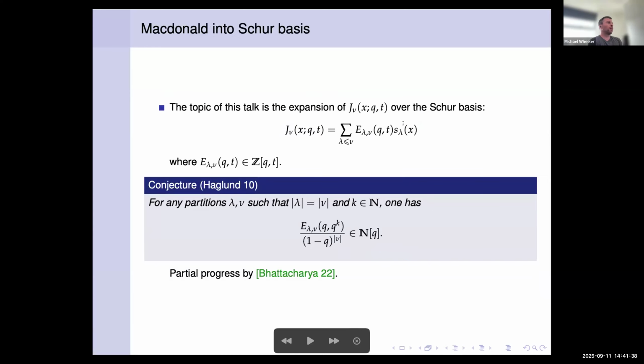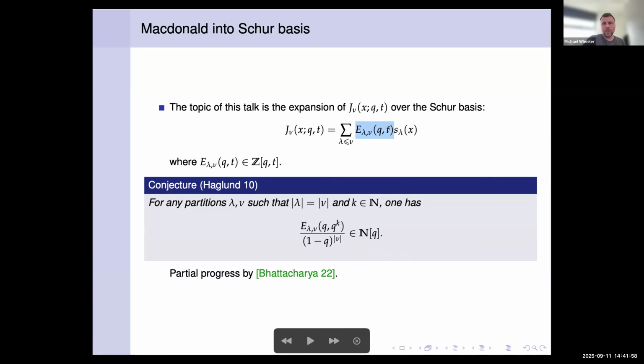So in our work with Ajit, we considered an analog of this problem, which is to expand these integral Macdonald polynomials not over the monomial basis, but over the basis of Schur polynomials. And what we would like to do is study these coefficients.